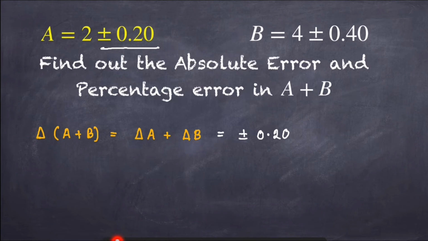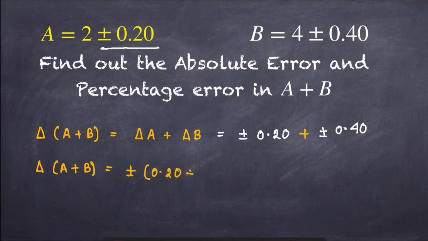Plus minus 0.40. So the absolute error in measuring the expression A plus B will be equal to plus minus of 0.20 plus 0.40, which is equal to plus minus 0.60. So we found the absolute error in the expression A plus B.